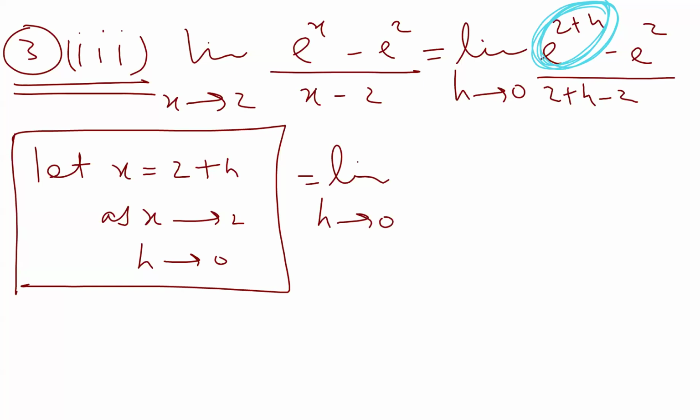H approaches 0, e raised to 2 into e raised to h, and down it is h, because 2 and 2 gone, down it is h. Guys, is this correct? E raised to 2 into e raised to h. Yes, sir.